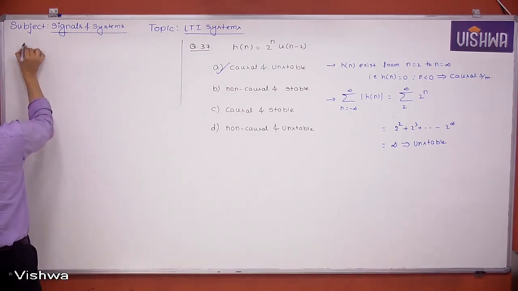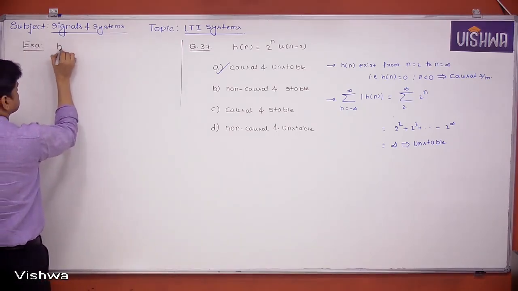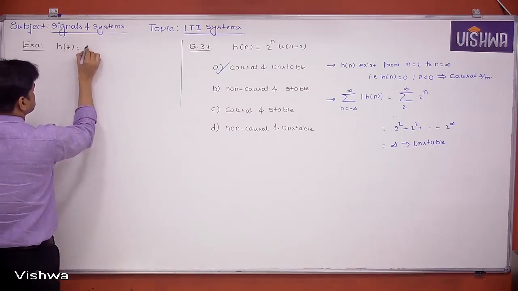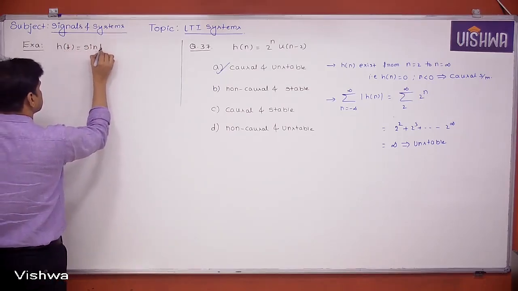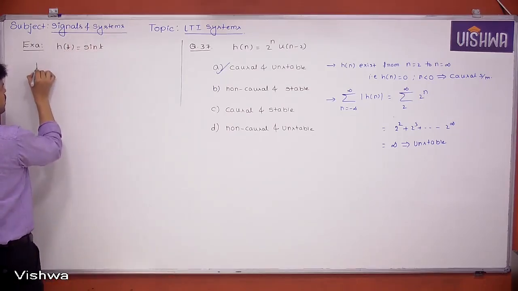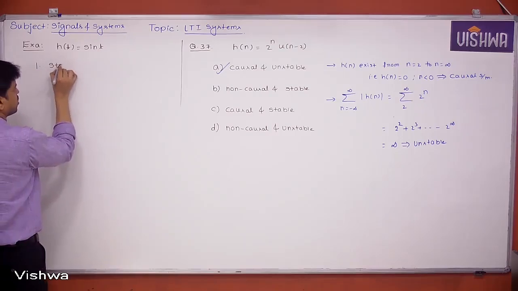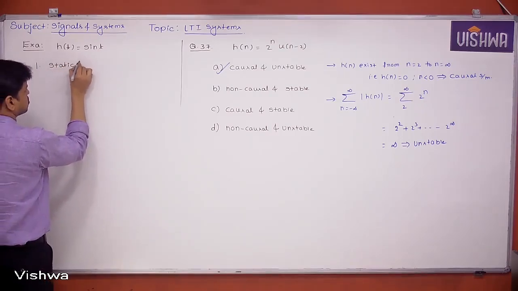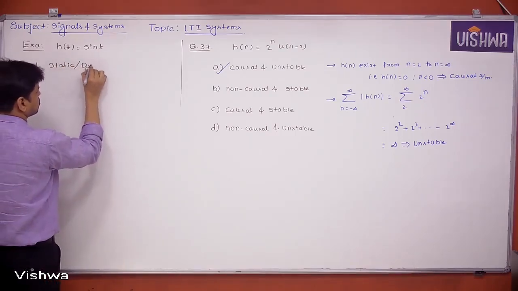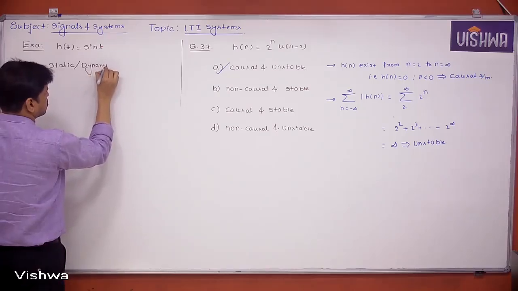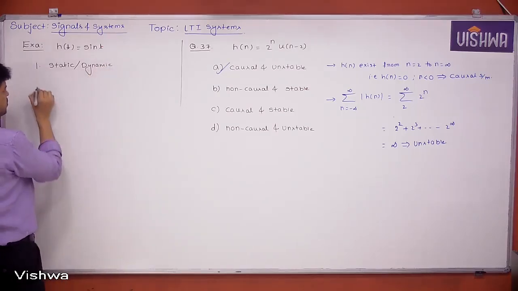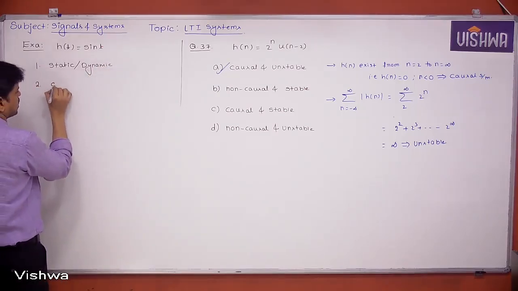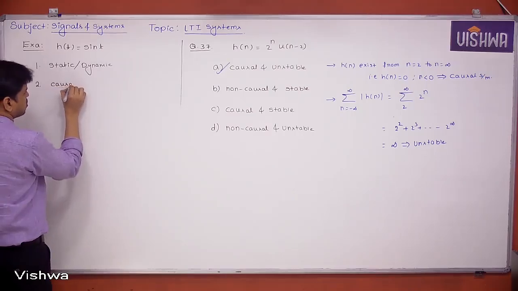Option A is correct. Take it. Let's take this example. H of t is equal to sin t. Now, first we have to check whether it is static or dynamic. Second, whether it is causal or non-causal.